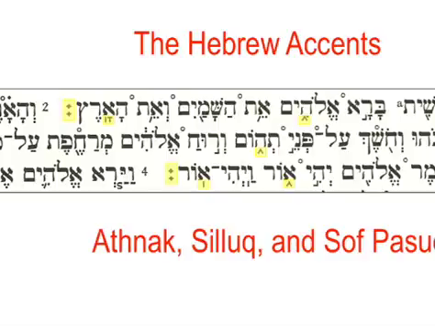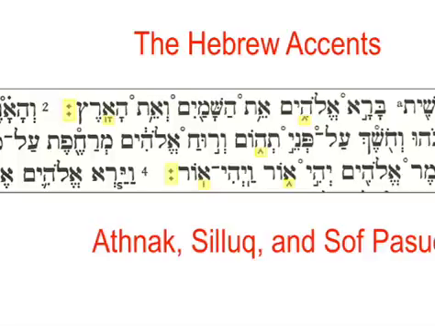Under Elohim, you will see highlighted in yellow a little arrowhead underneath the hay of Elohim. That little arrowhead, or a triangle without a base, is the Athnak. And the Athnak marks the logical halfway point in the verse.